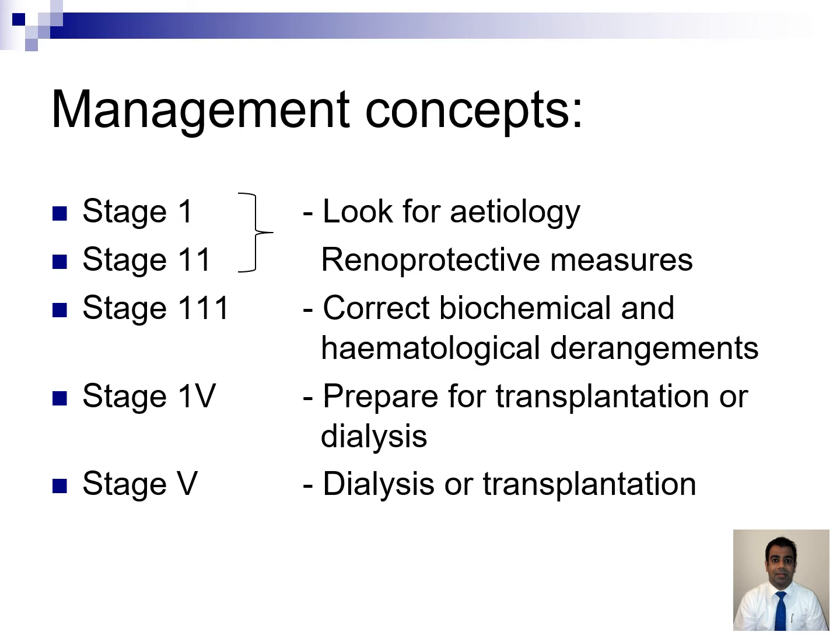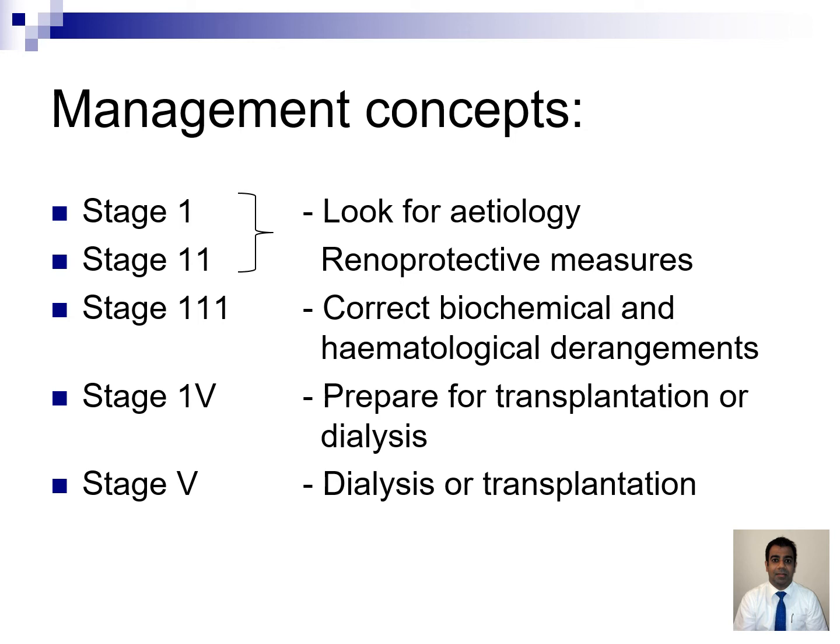So you look for etiology, and you need to apply the renal protective measures. These measures we'll be discussing in a subsequent slide, where we apply measures that protect the kidneys and prevent or slow the progression of chronic kidney disease.